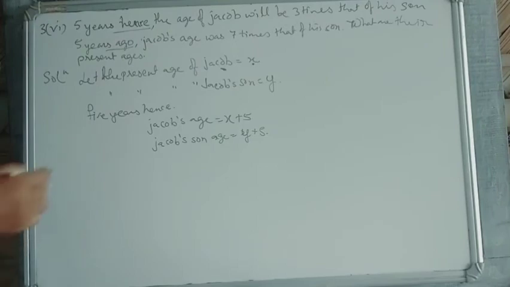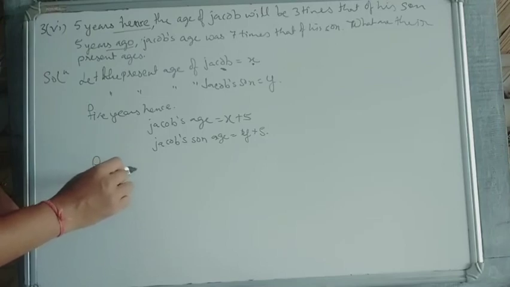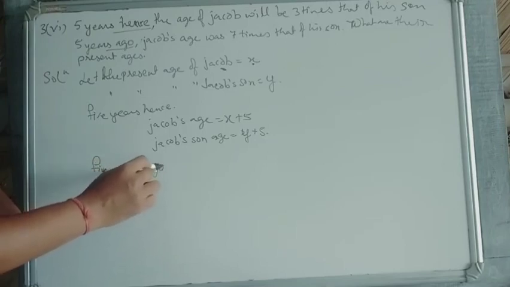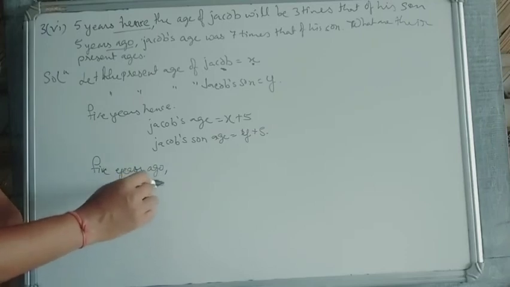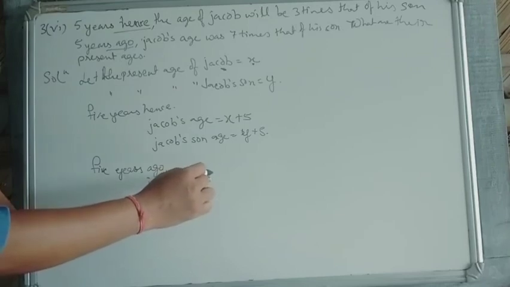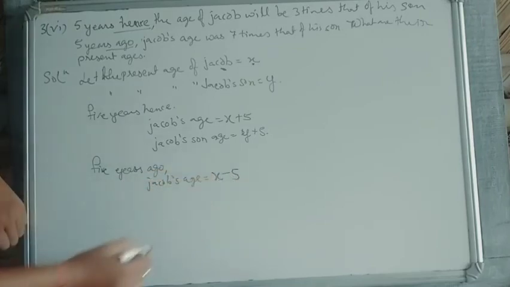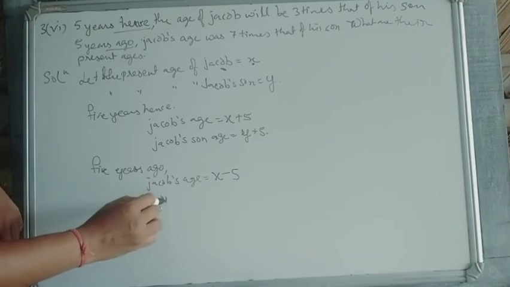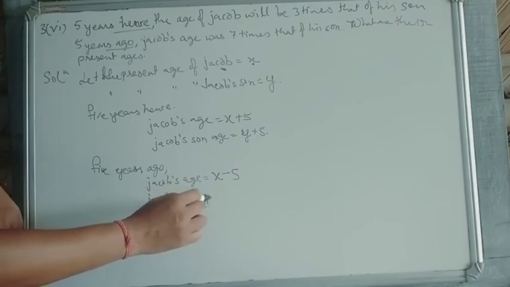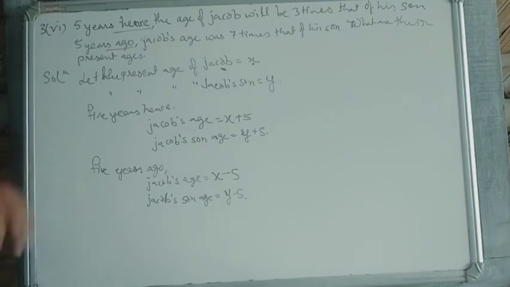Same way, 5 years ago, Jacob's age is x minus 5, since ago means from the present age you go minus 5, and Jacob's son's age is equal to y minus 5. So these are the present age, future age and the past age.